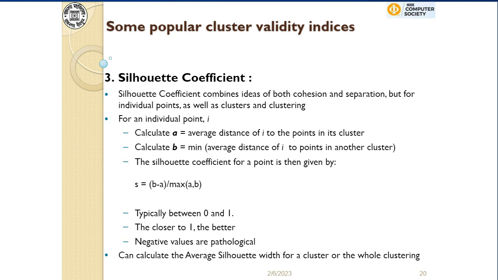So A measures the distance between the data point I and the other points in the same cluster to which I belongs, and B is that between points of a different cluster. Then you come up with this formulation, and the closer the value is to 1, the better. The value ranges from 0 to 1. The higher the value, the better.